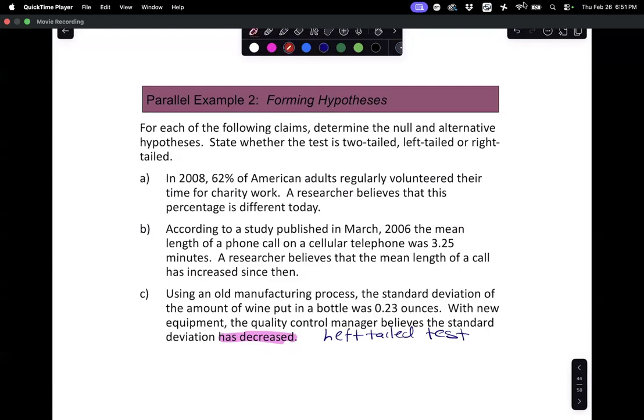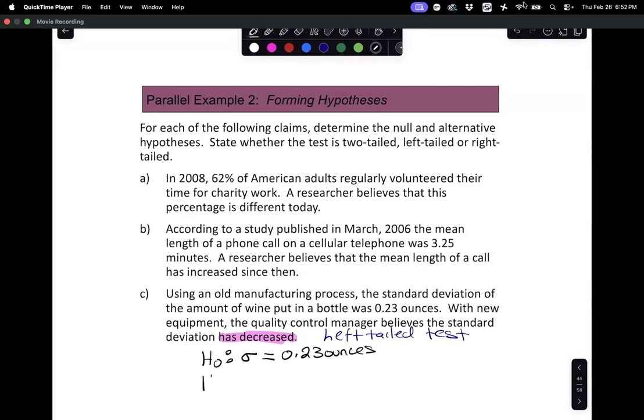So my null hypothesis, we're using standard deviation, always equals. If I emphasize something over and over and over again, it usually means that people forget it.